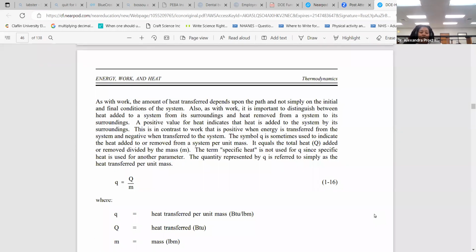Here we're talking about work. Work is path dependent. Why? Because work has displacement in it, and if you wind up at the same place that you started from, you haven't done any work. So just like with work, the amount of heat transferred depends upon the path. It's not simply the initial and final conditions of the system, like enthalpy.